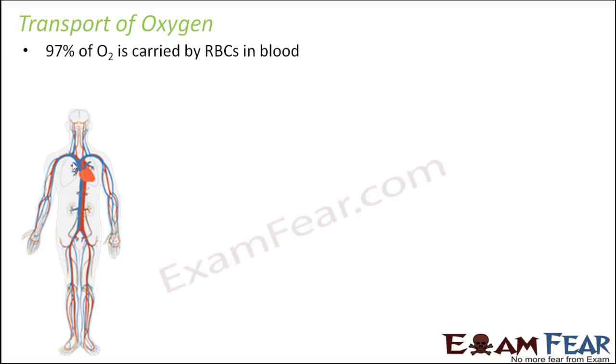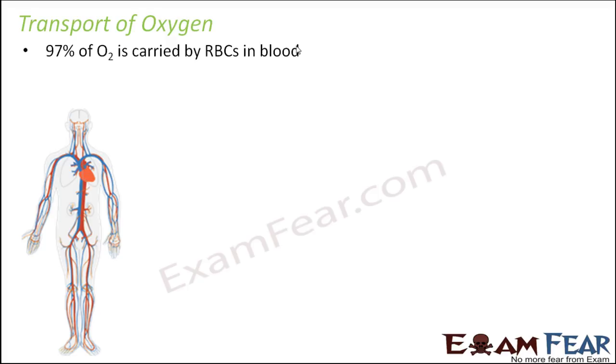Now 97% of oxygen is carried by the RBCs in the blood. When I say blood, we all know that blood in itself has many different components, like the red blood cells or RBCs, the white blood cells, the blood plasma, and the platelets. These are all the various components of blood.